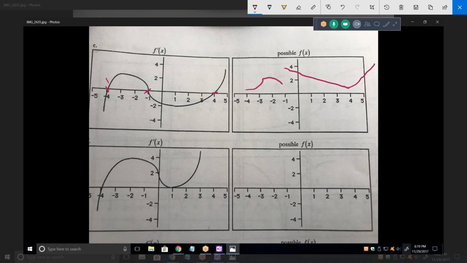In other words, the slope right there is 1. The slope right there is 2. The slope right there is 1 again.